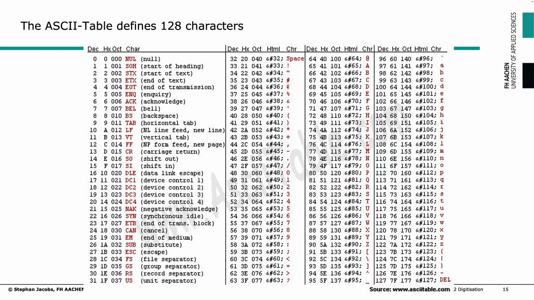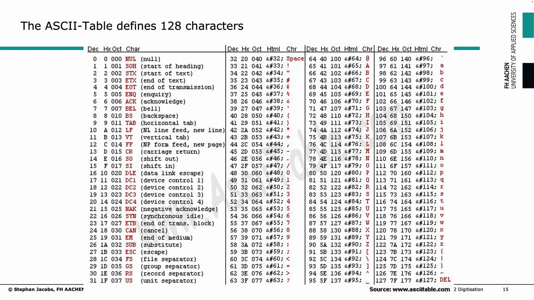Let's have a look at the decimal number first. It goes from 0 to 31 in the first big column, from 32 to 63 in the second big column, and so on, and it ends at 127. So starting from 0 going up to 127, that's 128 different characters.